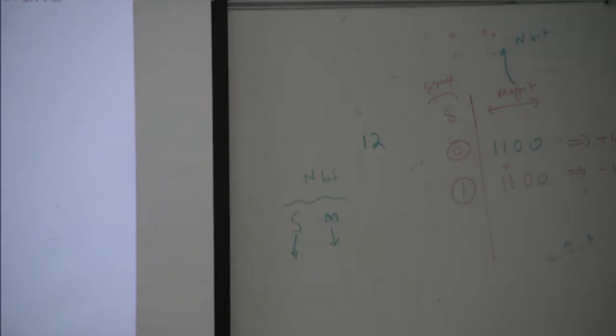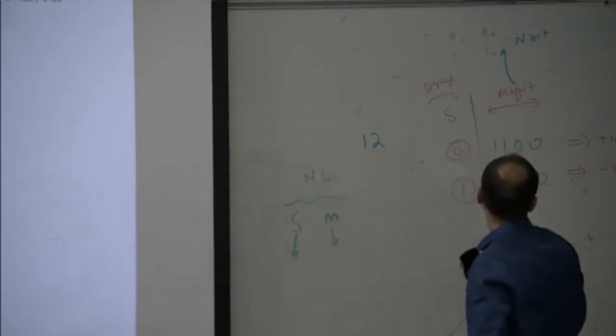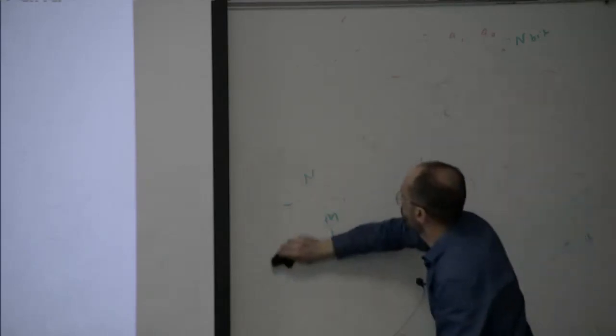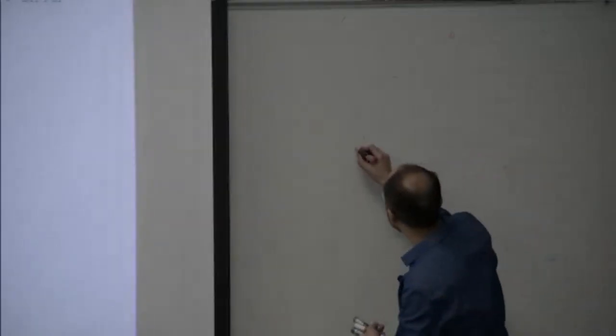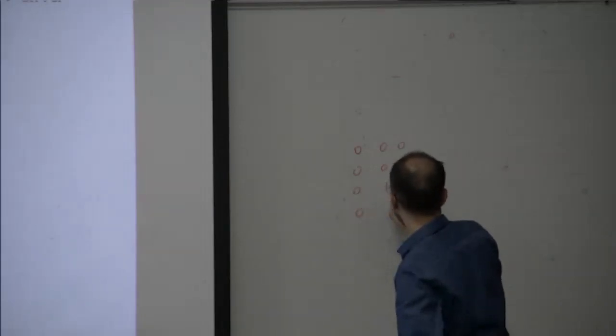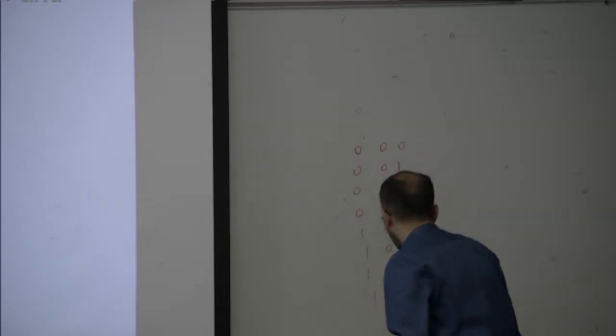I will explain this with a small example, and that will be really helpful for you. So let's assume we have some data: 000, 001, 010, 011, 100, 101, 110, 111.